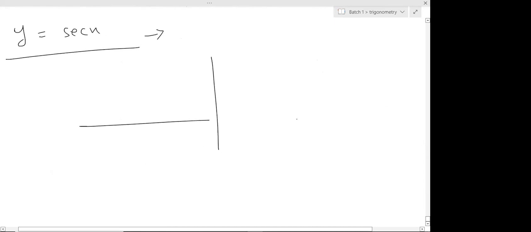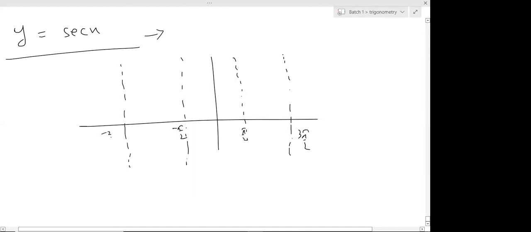Last one, graph of sec x. pi by 2, 3 pi by 2, minus pi by 2, minus 3 pi by 2. Alright, this is 1, this is minus 1.